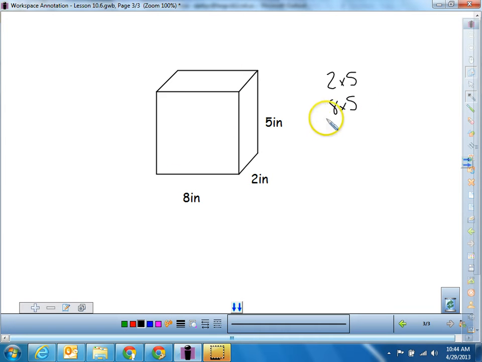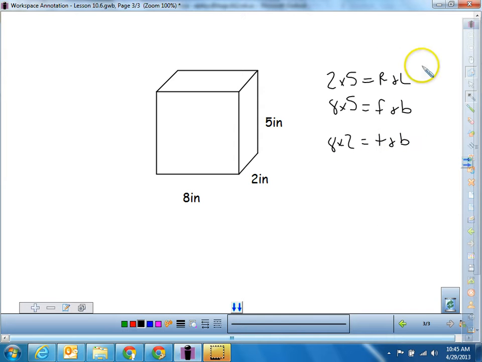And then what other one are we missing? That's right, an 8 by 2. So 8 by 2, that's our top and our bottom. So let's make sure we get that in here. This is the right and left. This one is the front and back. And this one is top and bottom.